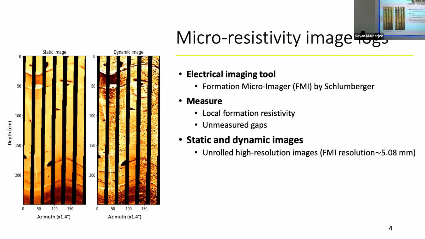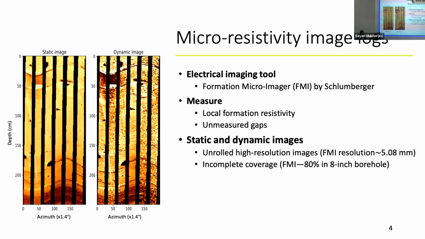So those micro-resistivity image logs are actually unrolled high-resolution images of the borehole walls, and they usually contain unmeasured gaps due to the limited width of those electrode pads. We can also observe many geological features from the images. Like here we can see a group of aligned sinusoidal curves.